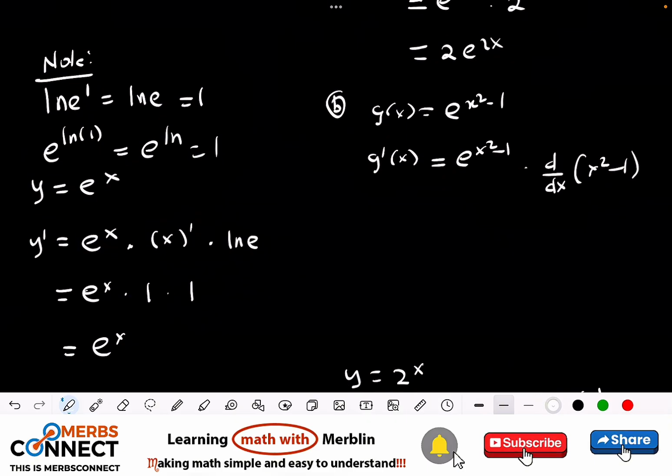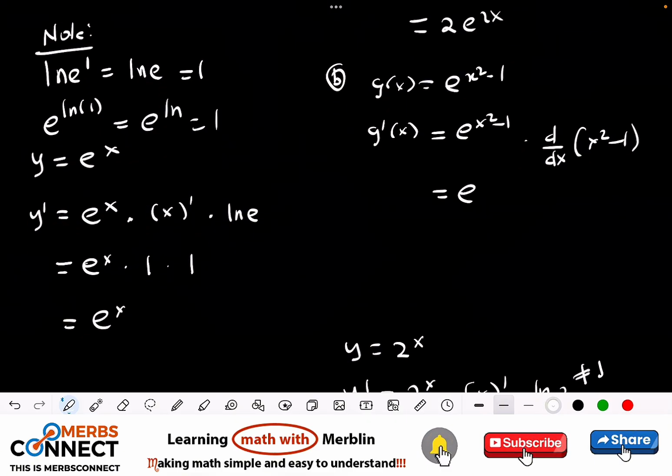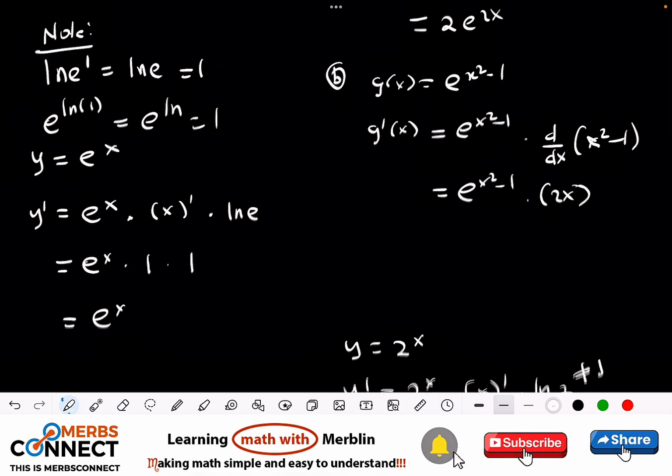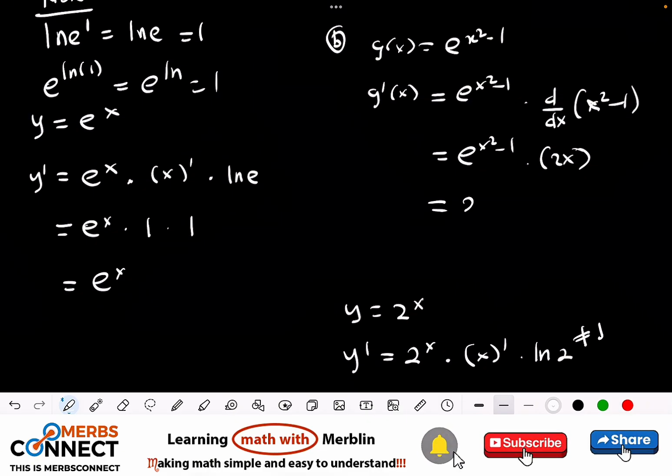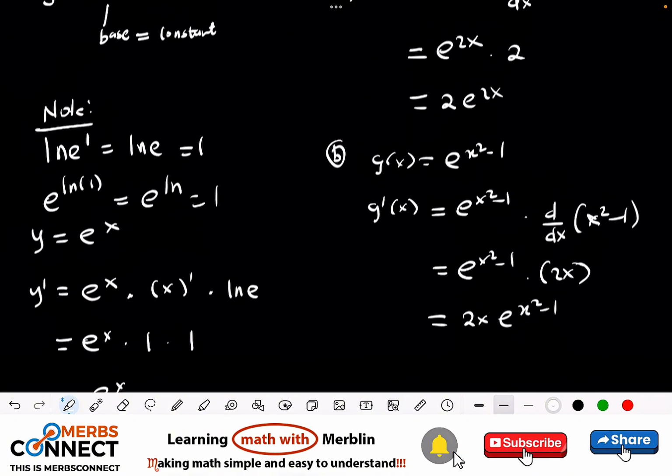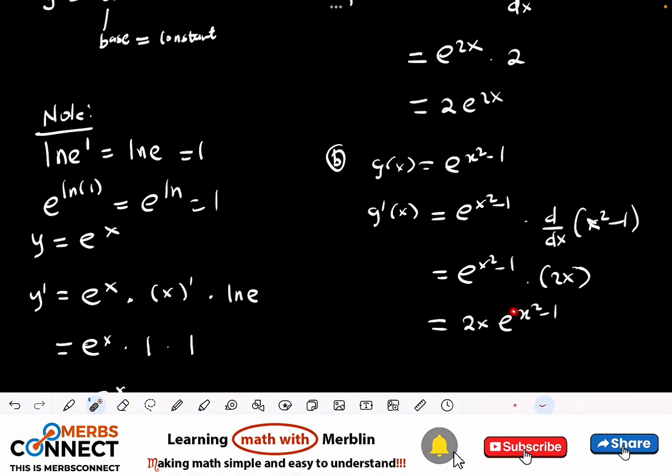So this is going to give us e to the power x squared minus 1 times, now when I differentiate x squared, we know that we are going to get 2x, but when I differentiate minus 1, I get 0. So this is what I'm going to get. Then when I multiply, I'm going to have 2x e to the power x squared minus 1. So you see that now if you are picking the coefficient of this to drop it here, you are going to get it wrong.